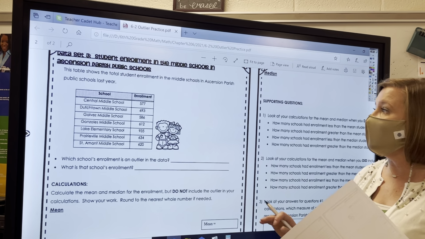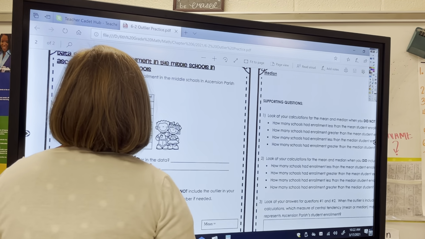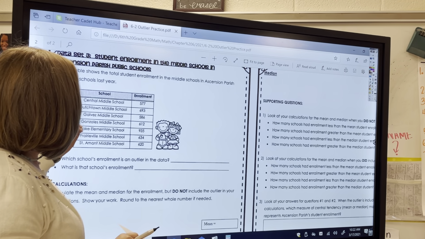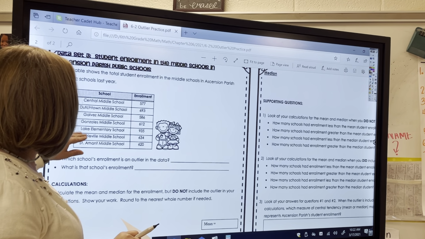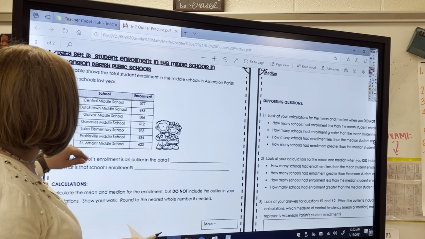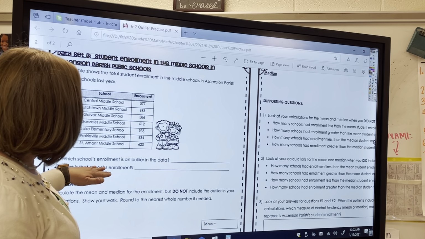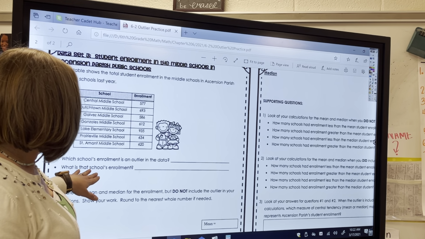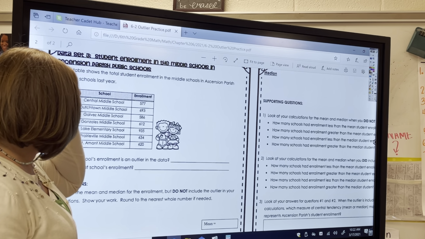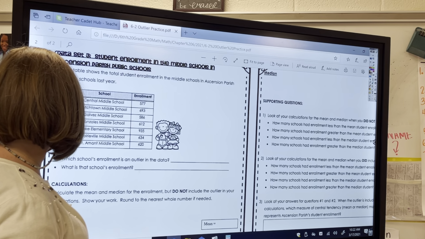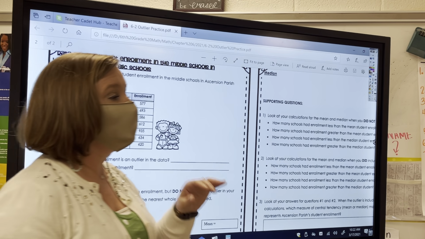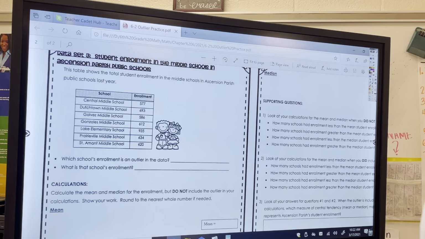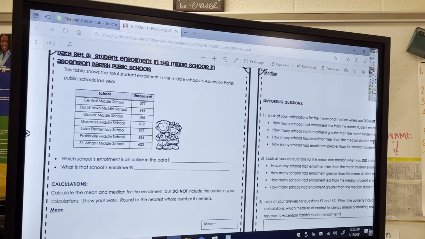So you've got Central Middle School, Dutchtown, Galvez, Gonzales, Lake, Prairieville, and St. Amant. And it wants to know which one's the outlier, the name of the school, and what is that school's enrollment. So I want you to do all of this by yourself, okay? I'm going to be walking around and checking on you, but I want you to do all of those by yourself.